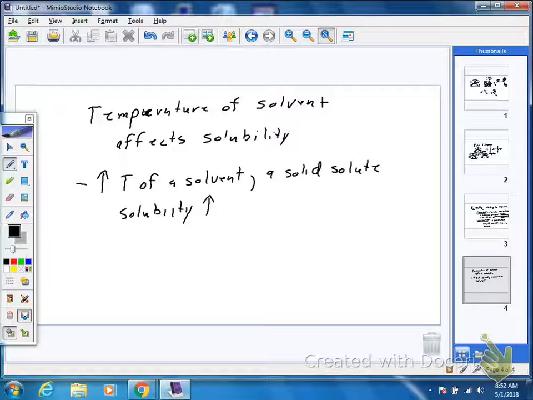So it's not what we would call predictable, right? A predictable relationship is where you double it, then this doubles. It's not that kind of a direct relationship. Okay? All right. But if we increase the temperature of a solvent and we relate it to a gas, the solute's solubility will decrease.